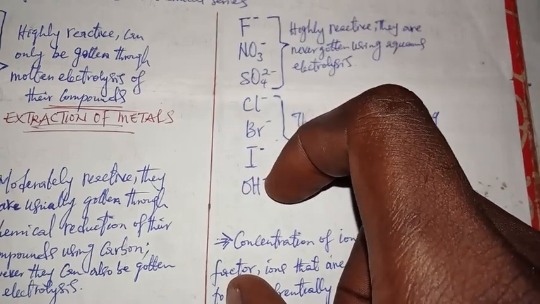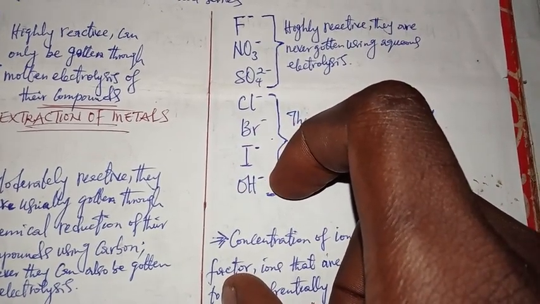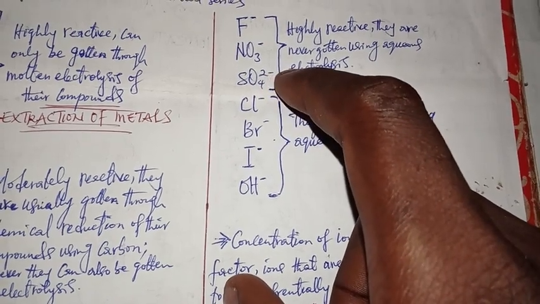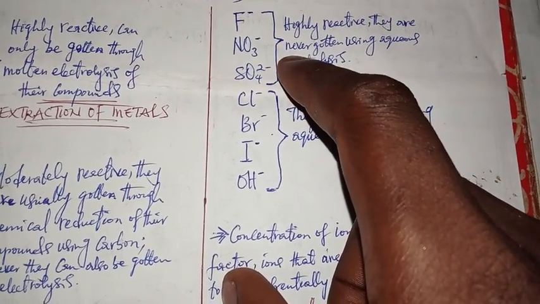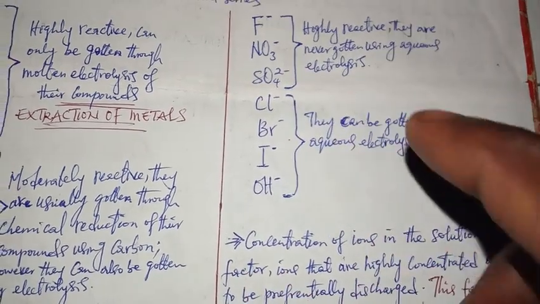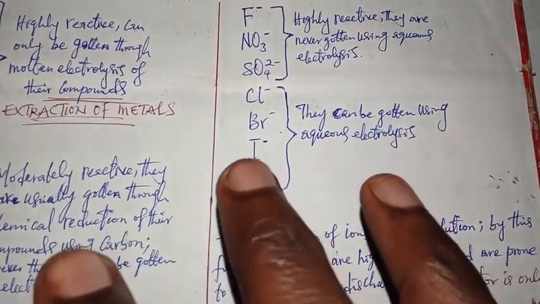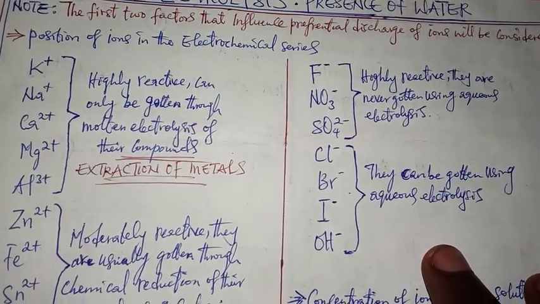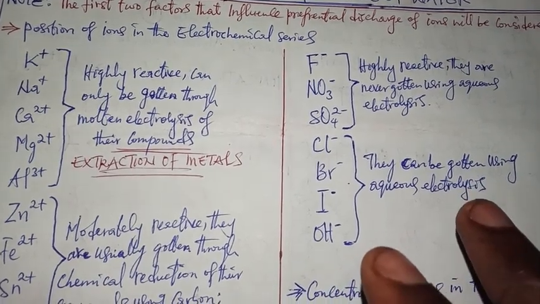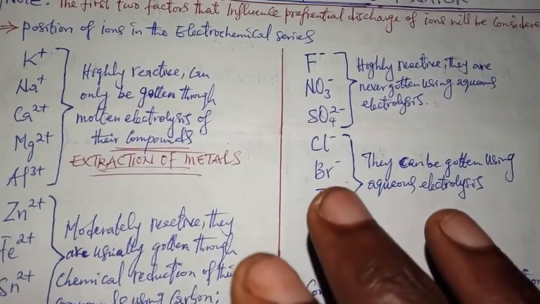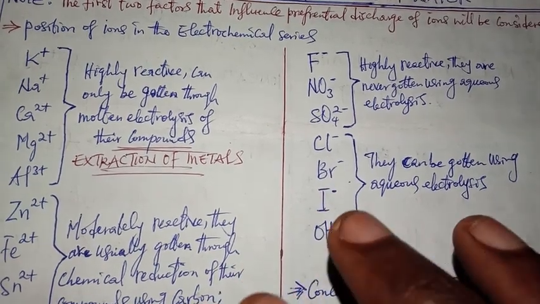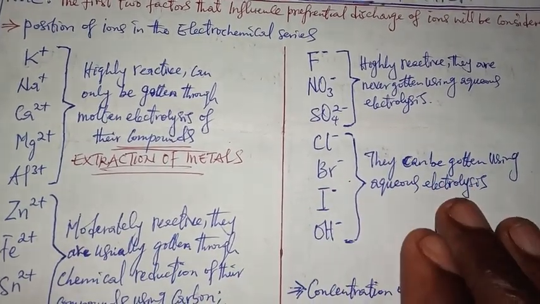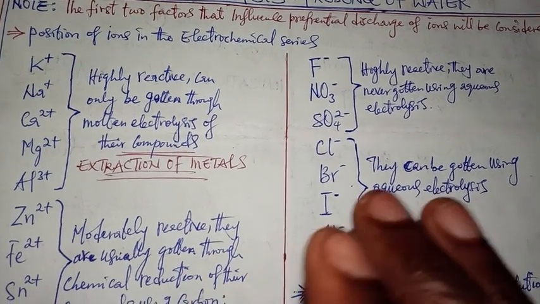We say that hydroxide will be preferentially discharged with respect to SO4 2 minus. So this is basically the things you need to know as regards position of ions in the electrochemical series. The strong one remains in the solution while the weak one is discharged, both in terms of cation and anion.